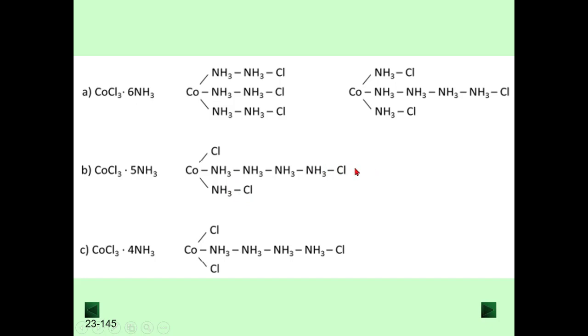So the rate of dissociation depends upon the distance from the cobalt. This is more easily ionizable, this is less easily, and that is non-ionizable or directly attached. Similarly for the last example. So the Jørgensen chain theory explains the rate of dissociation and also the structure regarding nitrogen pentavalency. According to them, nitrogen possesses pentavalency.